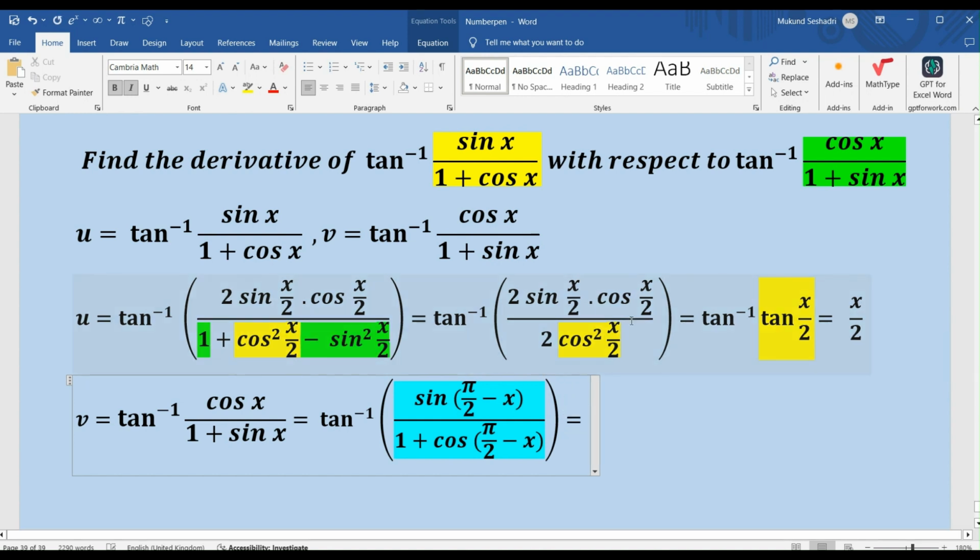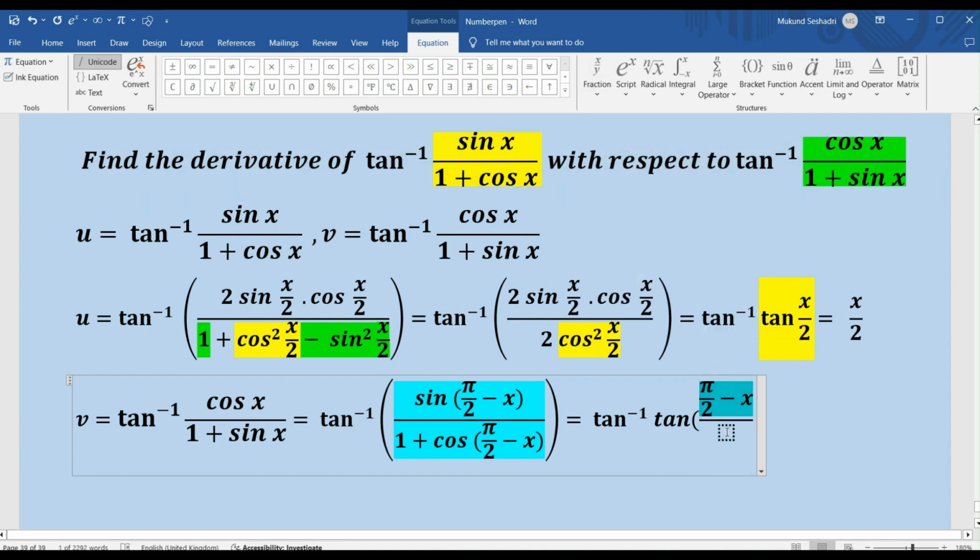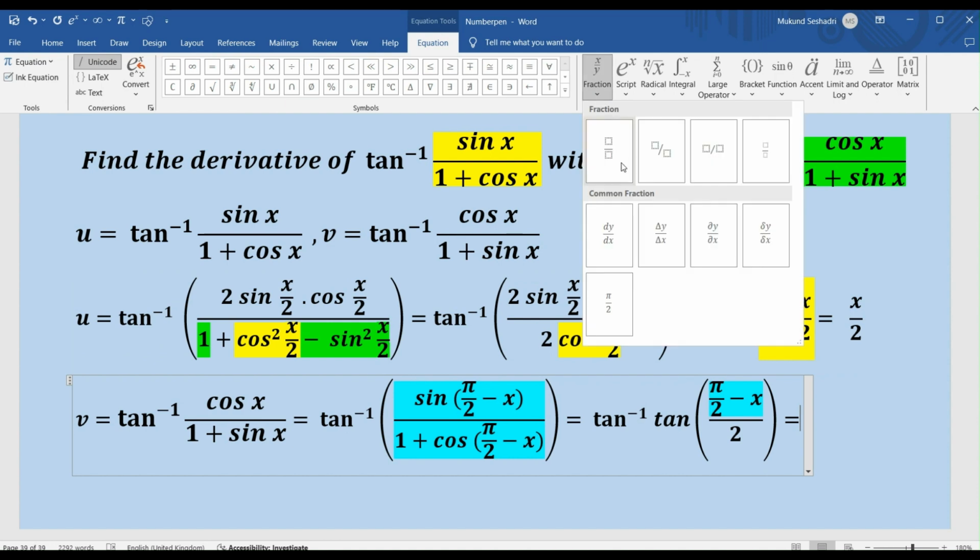So what happens is this is nothing but tan inverse of tan of, instead of x, I have a pi by 2 minus x now, right? So I have tan inverse of tan of pi by 2 minus x, the whole divided by 2, which is nothing but pi by 4 minus x by 2, right?